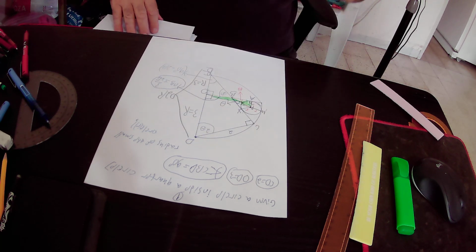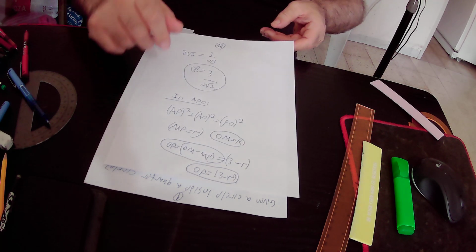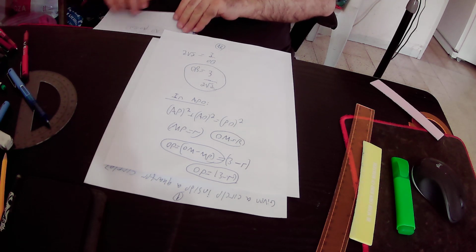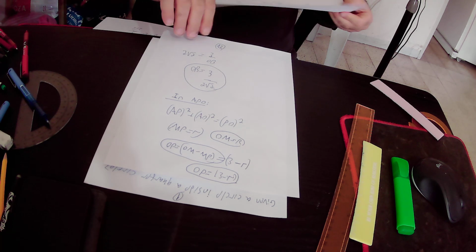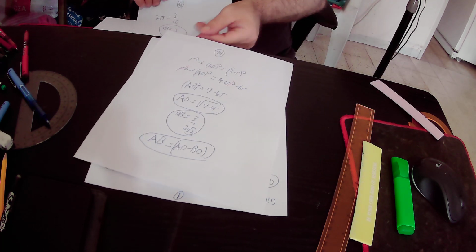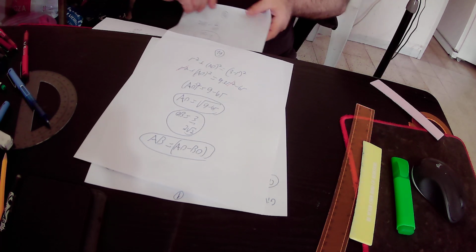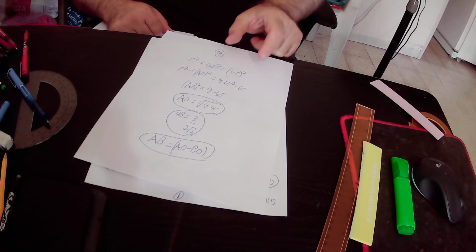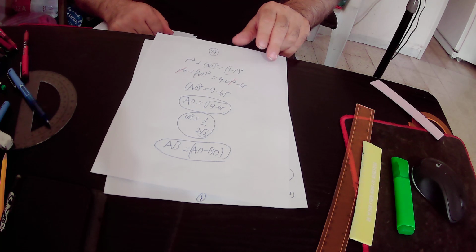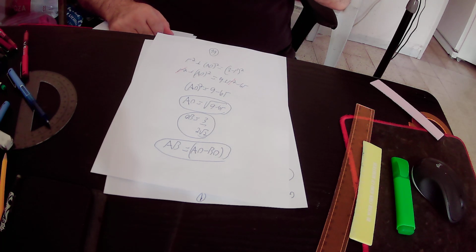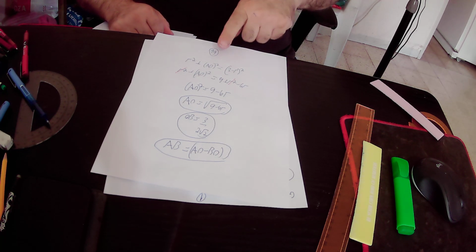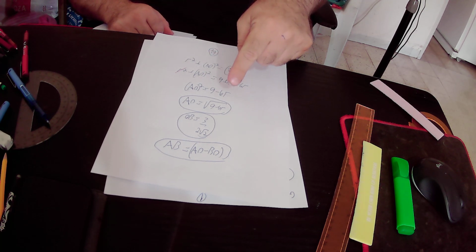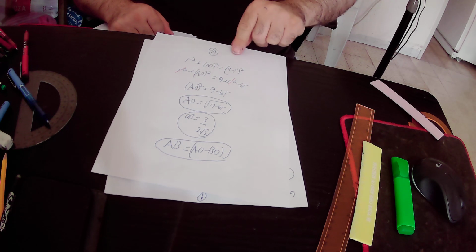So we got r square plus AO square equals (3 minus r) square. Then we opened the brackets, and we found that OA, the only missing variable, equals the root of 9 minus 6r.